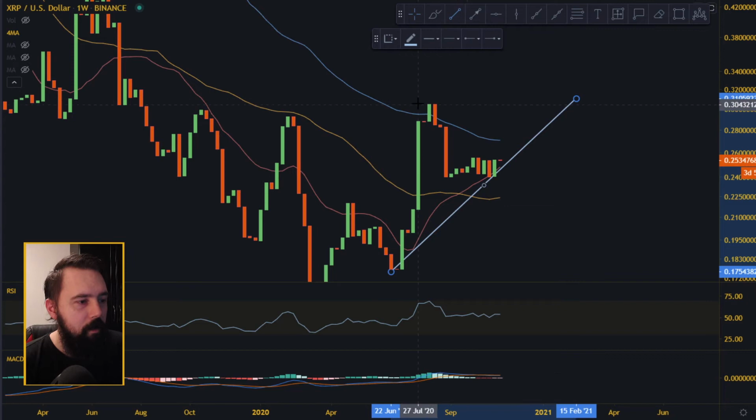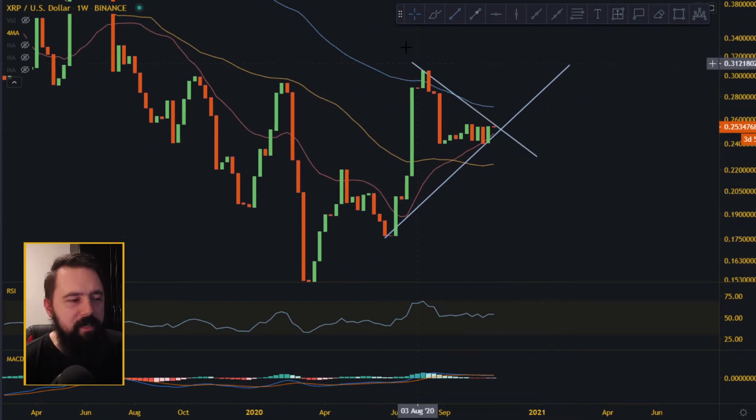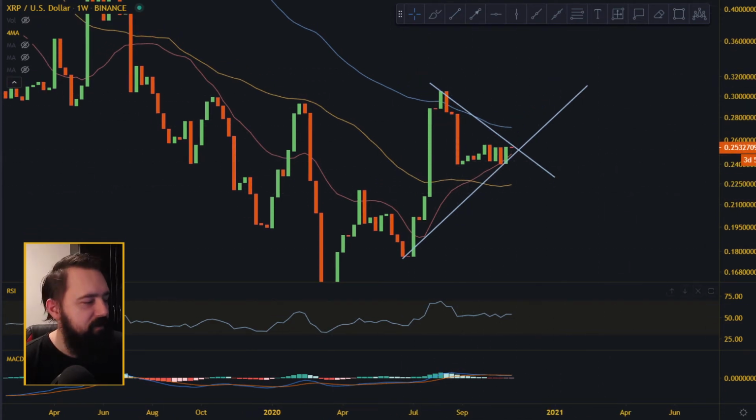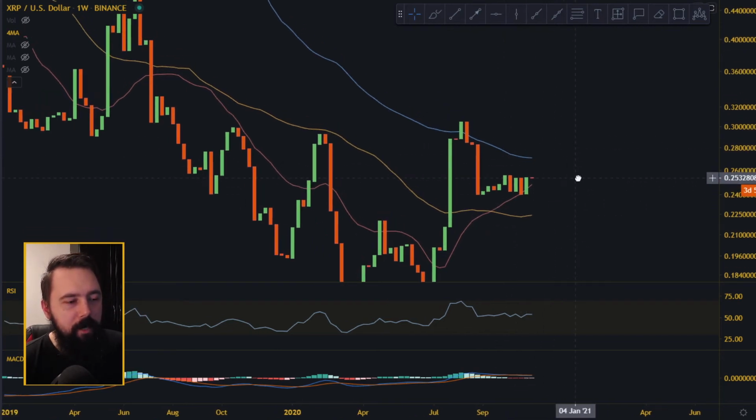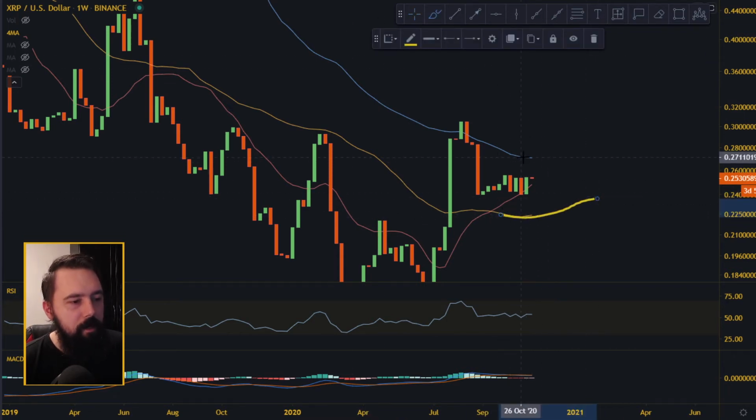When you take out the wicks, you see there's a triangle, going between the 20 moving average and the 100 moving average. And now comes the fight between the 20, 50 and 100 moving average, because the 50 is also going to continue going like this. The 100 is still on the way down, and the 20 is going.